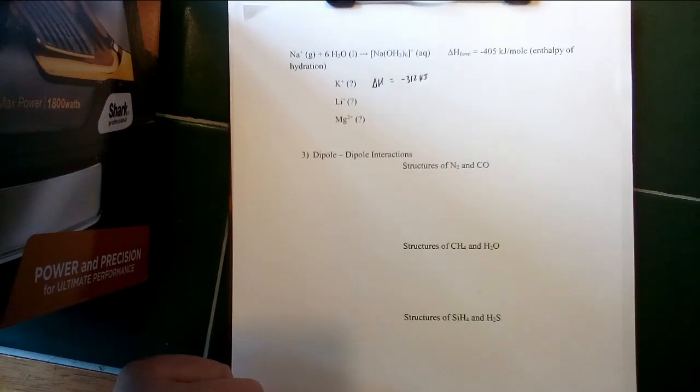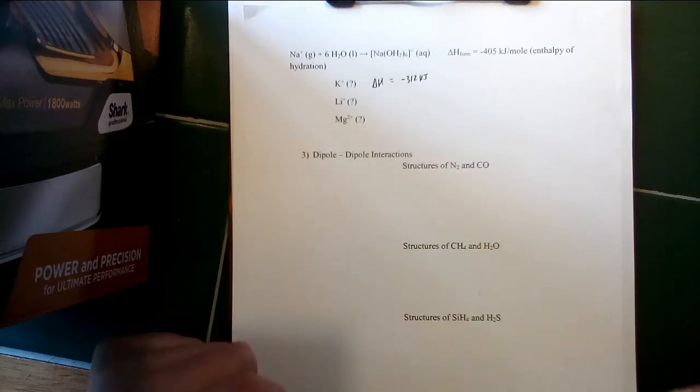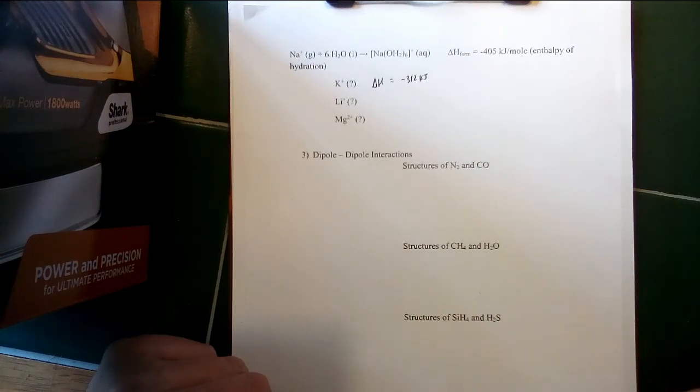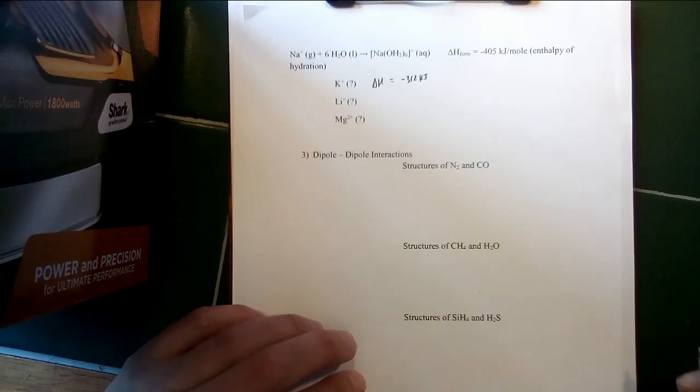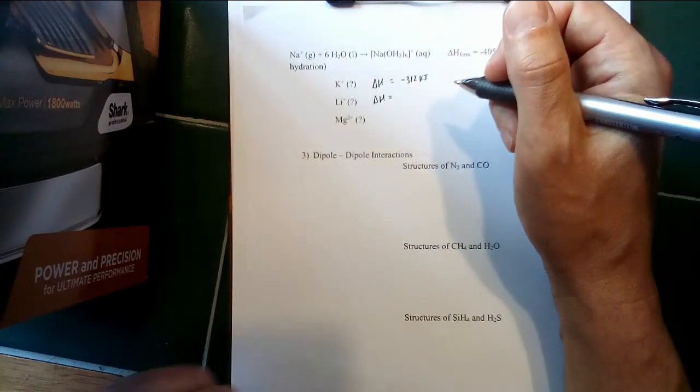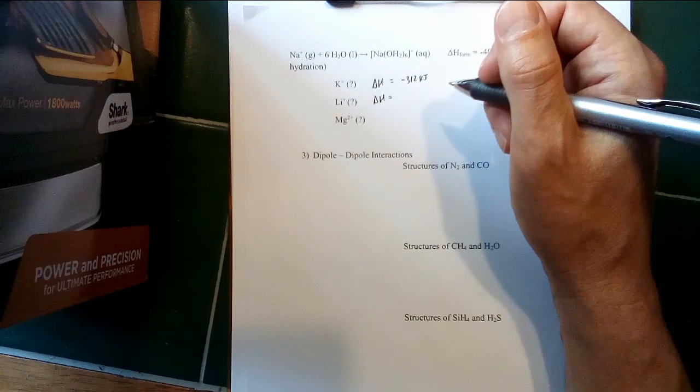We should be able to draw a similar conclusion with lithium. What's different with lithium is that it is one row above sodium in the periodic table. So a lithium cation is smaller than a sodium cation. Well, if it's smaller, that means it's going to be able to get closer to the water molecules.